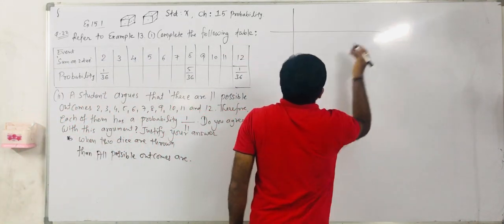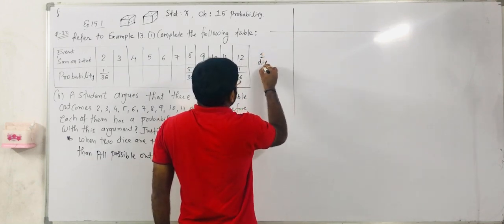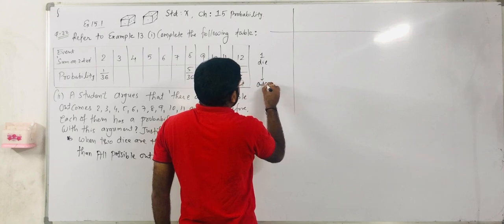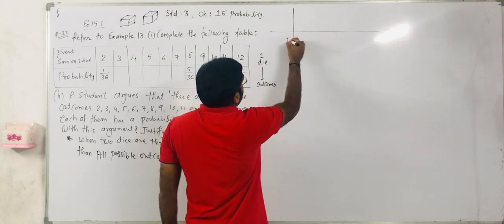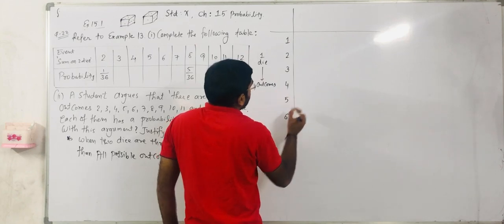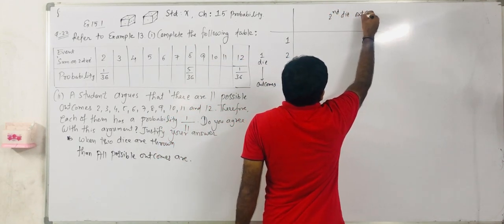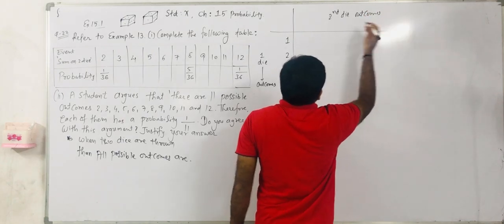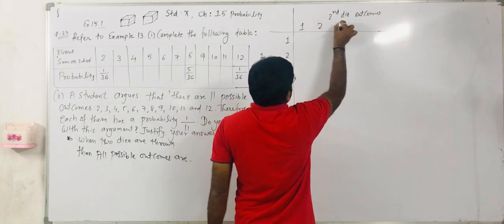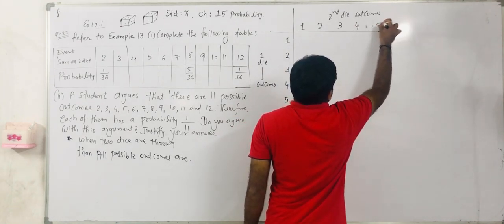Suppose here I take the first die's outcomes, all outcomes. Which are the outcomes of one die? There are outcomes 1 to 6. Second die's outcomes: in the second die also there are 6 faces, so 1 to 6 outcomes are there.